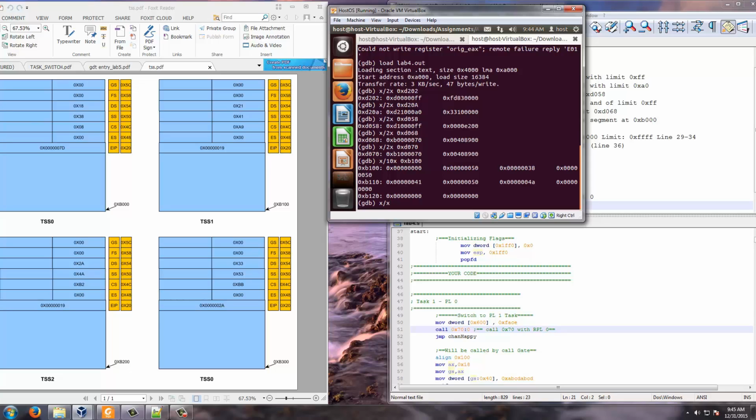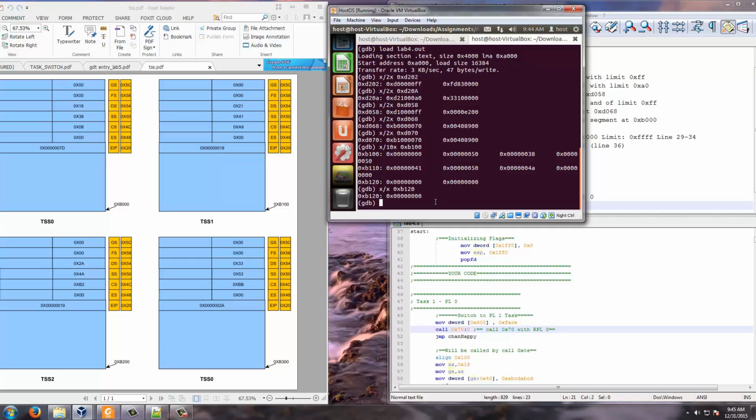So x/x 0xB120. It says it starts at offset 0.